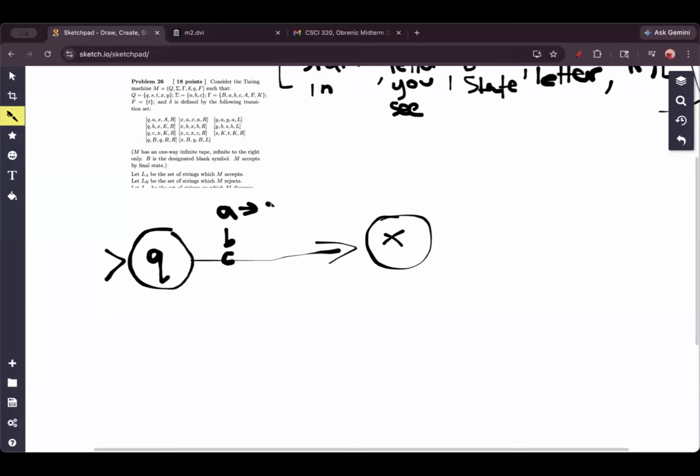A lowercase a transforms into uppercase A. A lowercase b transforms into uppercase E. And lowercase c transforms into uppercase K. And then I'm going to write which way the tape head is turning. In this case, they're all turning right, so I'm just going to put R, R, and R.